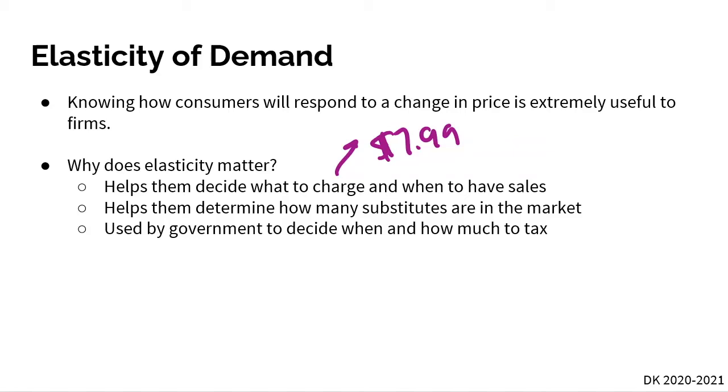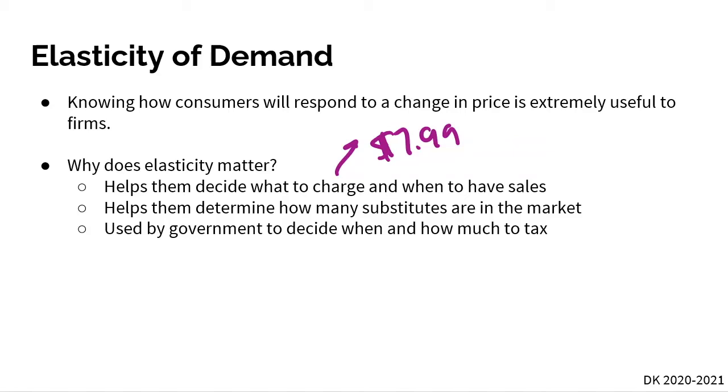If they charge $30 for a Netflix account, quantity demanded is going to decrease by a whole bunch. But if Netflix charges $1 per account, our quantity demanded is going to increase by a lot. So here, the elasticity of demand helped them determine how much to charge for a Netflix account.